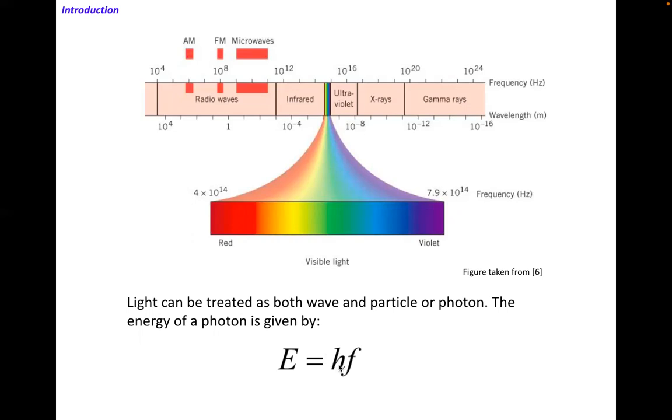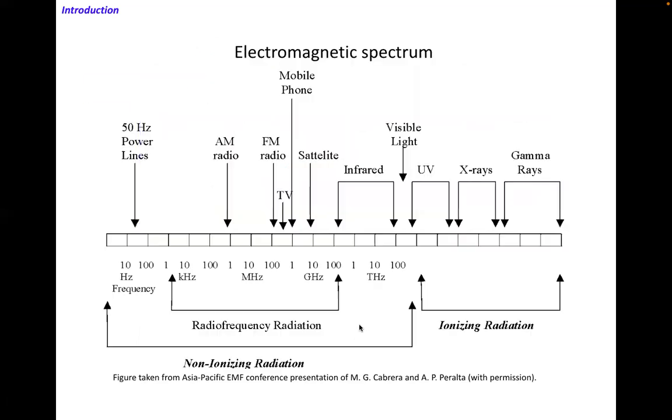It is one of the fundamental constants in nature. Light can be treated as both wave and particle, or photon. So the energy of a photon is given by this equation, E equals h, Planck's constant, times the frequency of light. So take note that laser is on this range.